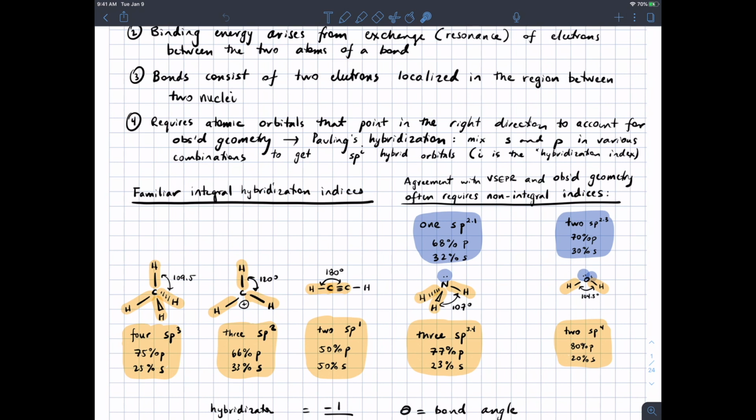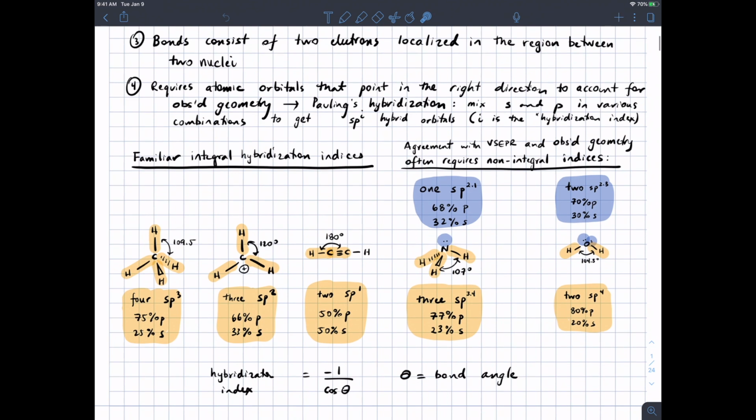And so next time we'll talk a little bit about how if you have a particular bond angle like 107, you plug that number in and you'll get what's called a hybridization index, which is the little subscript on the p, and that tells you how much of the p versus how much of the s you have to mix together to get that bond angle.